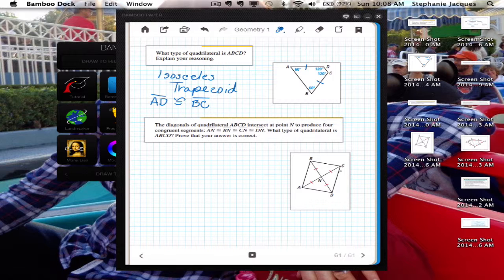If you have congruent diagonals, then you need to prove your answer is correct. The way that I'm going to do that is, I know that if I have congruent diagonals, then it's going to be a rectangle. And you just say congruent diagonals.